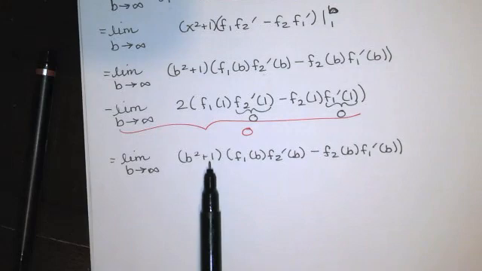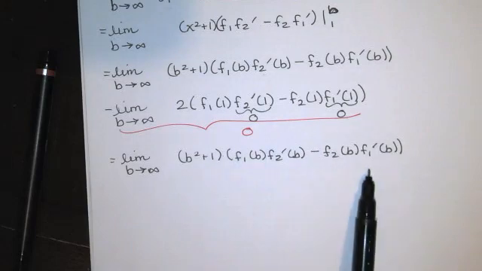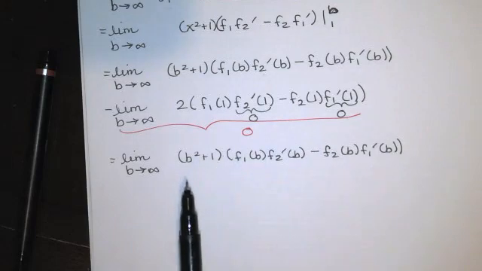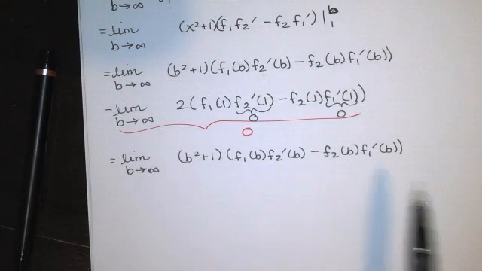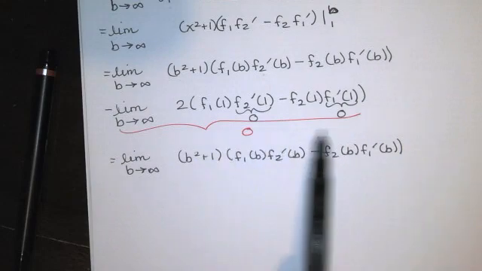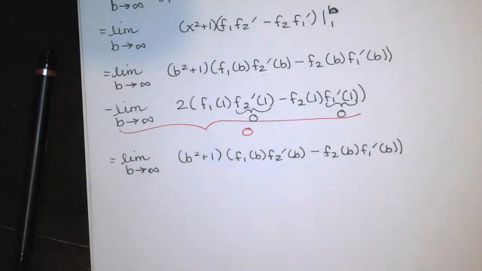And if this number is not 0 and I multiply by b squared plus 1, I'm going to get plus or minus infinity. If this number is negative, I'm going to get negative infinity. If this number is positive, I'm going to get positive infinity.